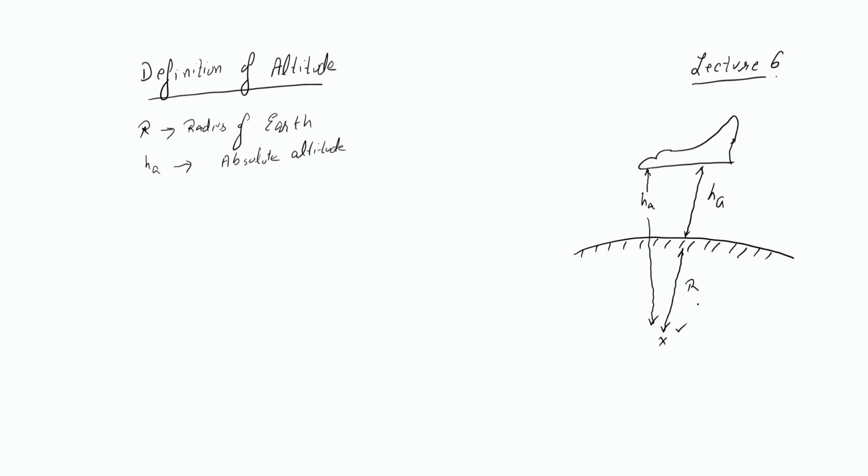Next is hg, the geometric altitude, which is the distance till the surface of the earth. So now we can write ha equals hg plus r.